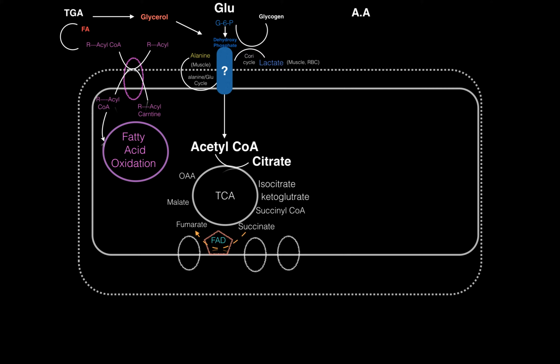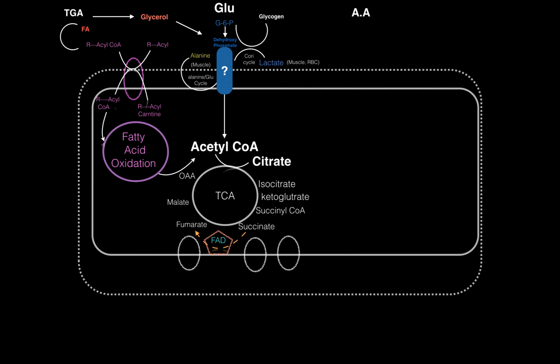As you can see, the TCA cycle and fatty acid oxidation both occur in the matrix of mitochondria, and they talk to each other. So why does that happen? Because when we break down any fatty acid, either odd chain or even chain, we form acetyl-CoA, which is a 2-carbon structure, the end product of fatty acid breakdown.